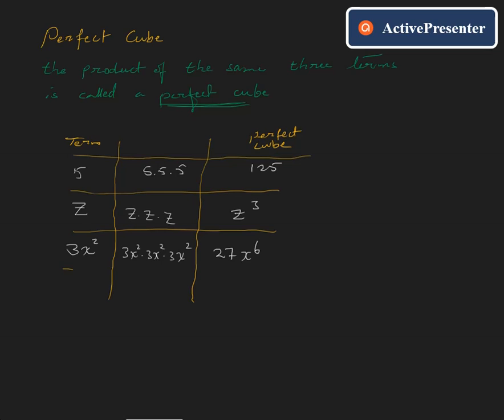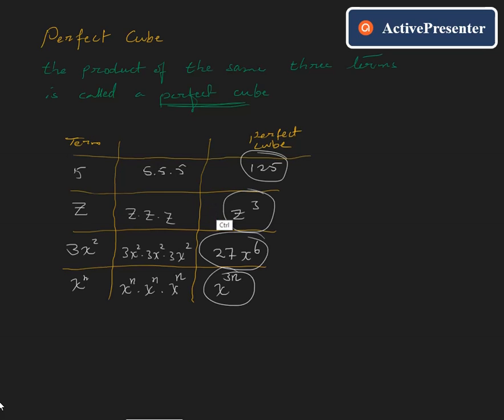Another example, if we take x to the power n, if you multiply x to the power n by itself 3 times, the product is x to the power 3n, which is a perfect cube.